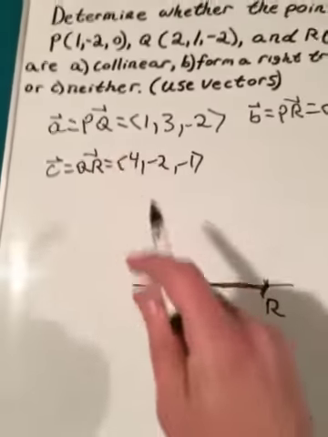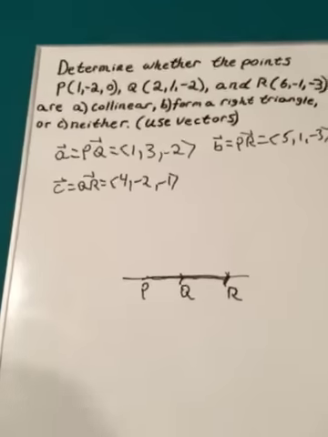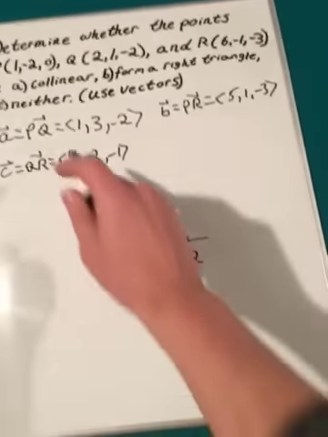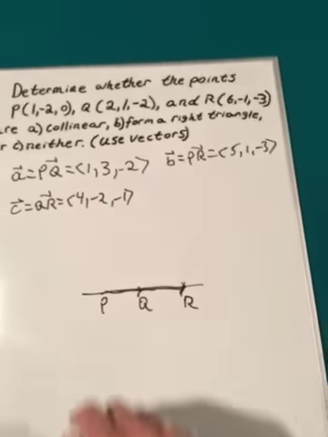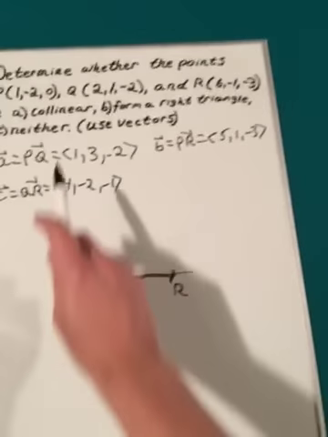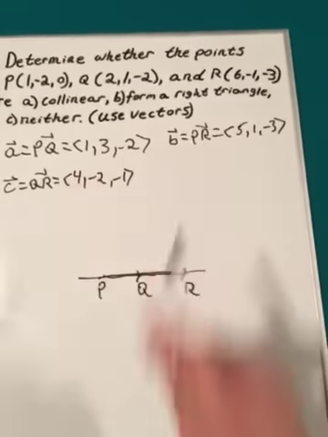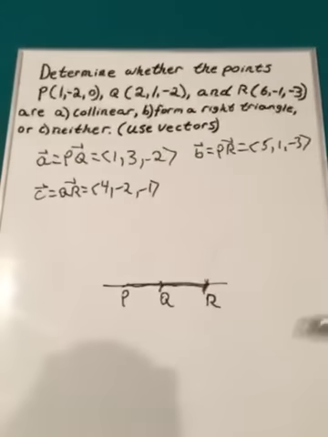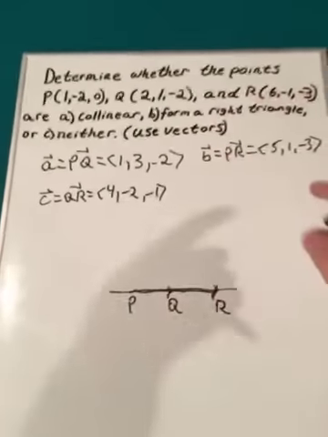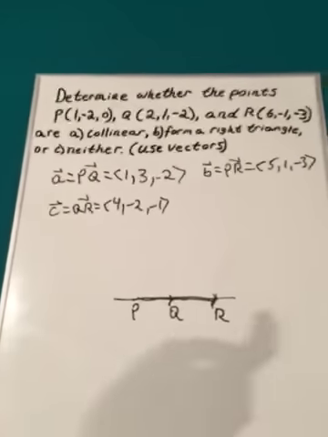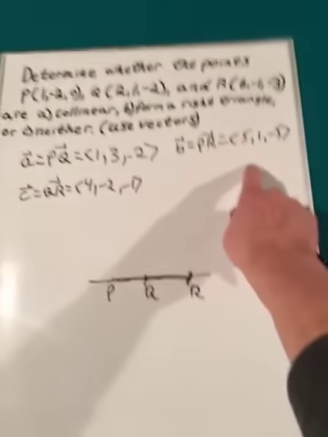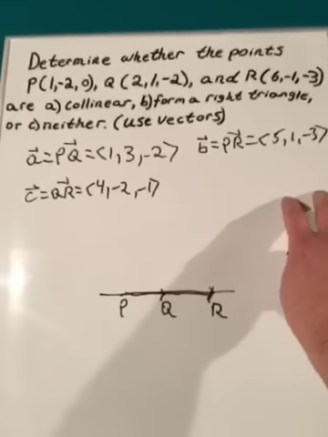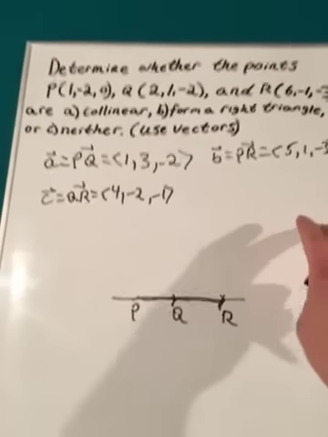So are these vectors scalar multiples of each other? Well, we can check any two vectors. We can check A and B. And you look at your x component. Well, how do you get from 1 to 5? Well, you multiply by 5. So if it's a scalar multiple, then you have to multiply every component by the same scalar, by 5. But to get from 3 to 1, you definitely don't multiply by 5. So therefore, they're not scalar multiples of each other.